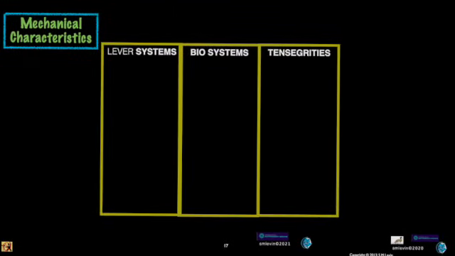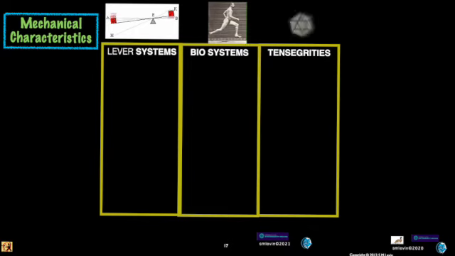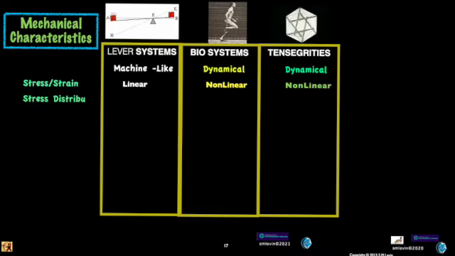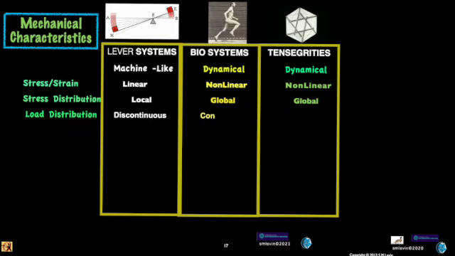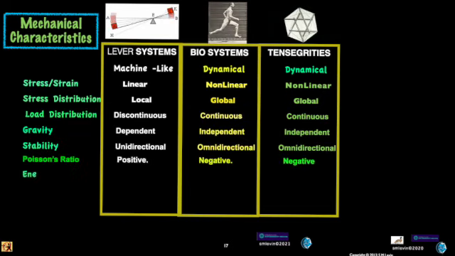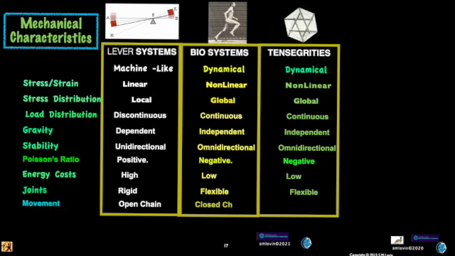Biotensegrity is a complex science. We won't go into the details here, but just a comparison chart comparing mechanical characteristics of the 350-year-old lever system model of the body, what is known about biological systems, and Mother Nature's 4-billion-year-old tensegrity system.